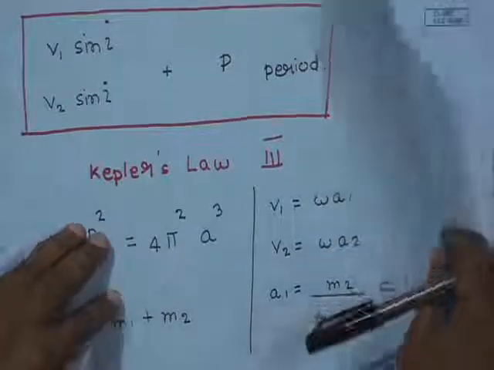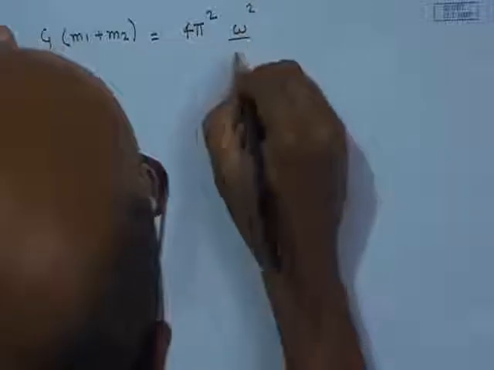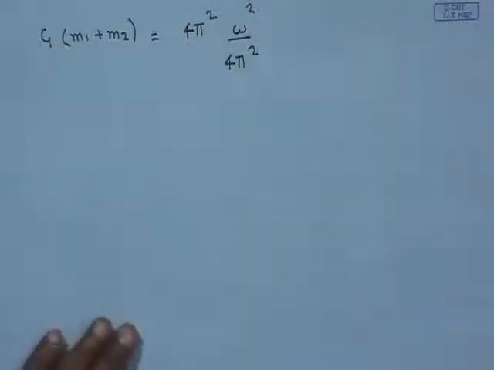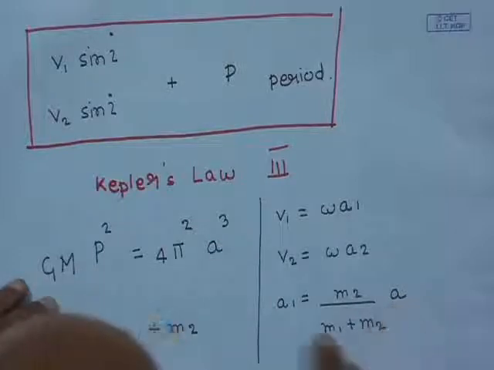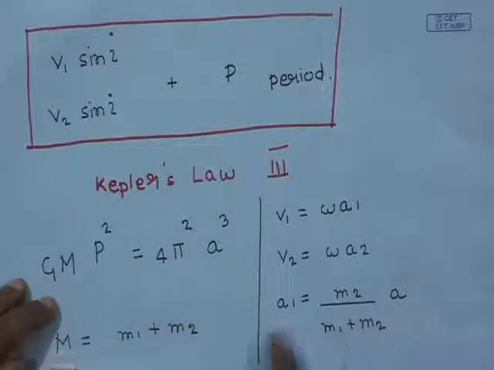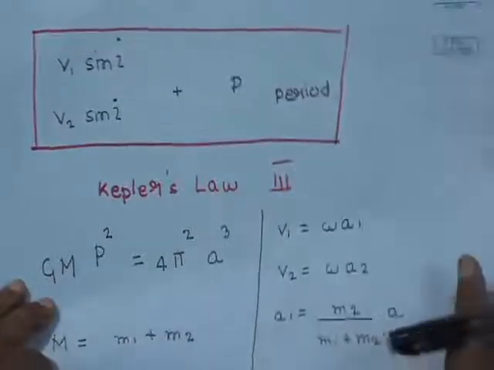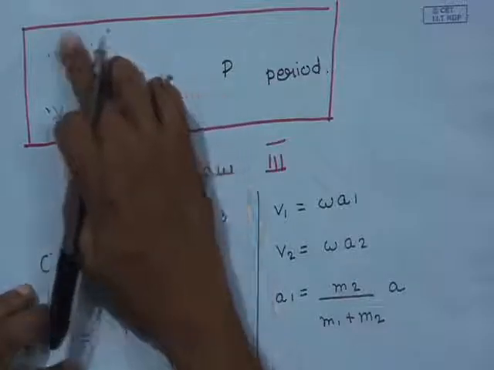So, I can write this as omega square by 4 pi square, and I have a cube over here, and a cube can be written as M1 plus M2 divided by M2 into a1. So, I want to write it in terms of quantities I can observe from the first object.